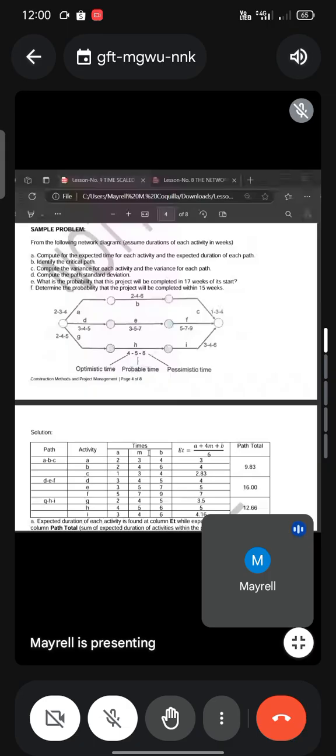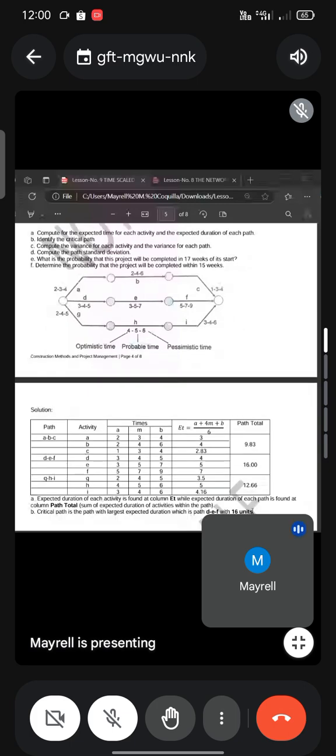And then, to solve for the total path duration, just add. Add activities A, B, C: 3, 4, and 2.83. That's the expected duration of path ABC. Then for DEF, add 4, 5, 7, that's 16. For GHI, add 3.55 and 4.16, that's 12.16.